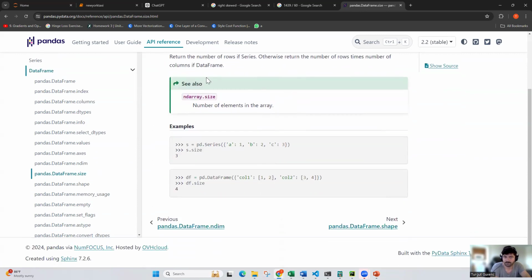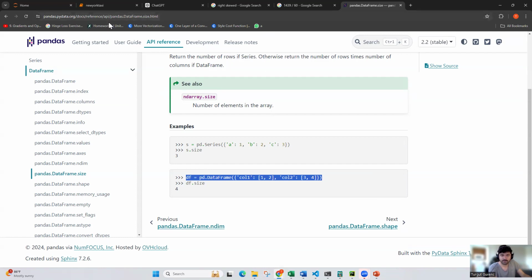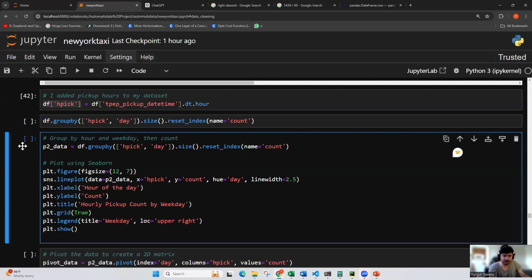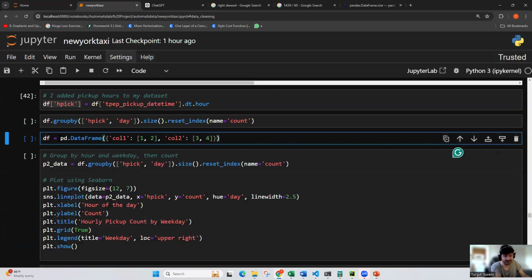There is an example here, and it shows the size. If you say column 1, it will show me the different values. I'm sure you guys understand, but I like to explain everything because that's how I learn too.